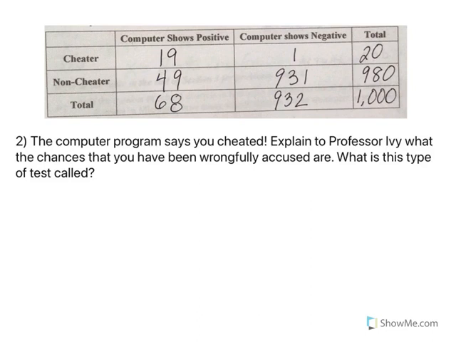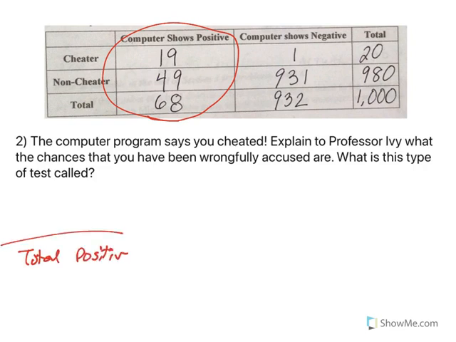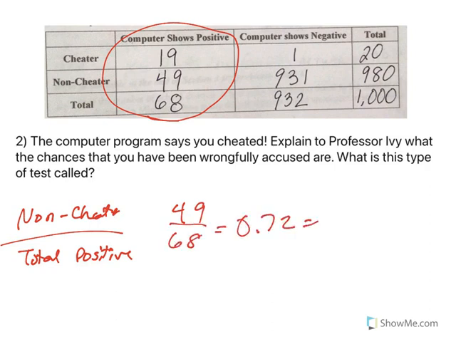All right. To find out about our probability of being wrongfully accused, you tested positive, so we're looking at the total positive testers, and we're talking about the non-cheaters. So we see that 49 out of 68 gives us 0.72, which is 72%.